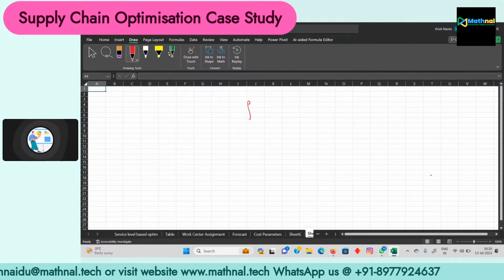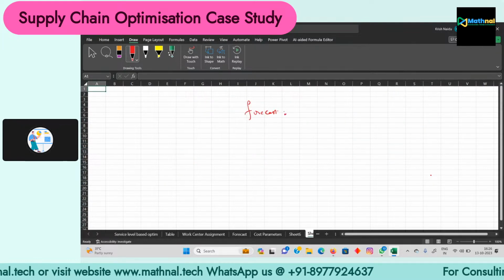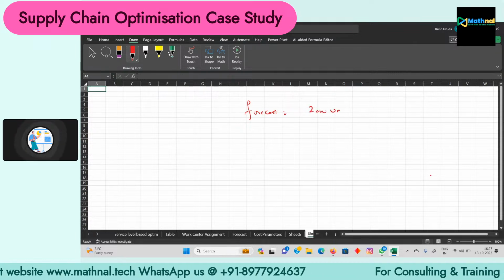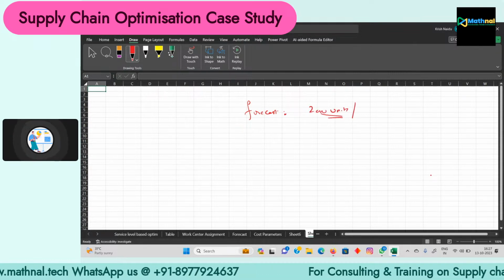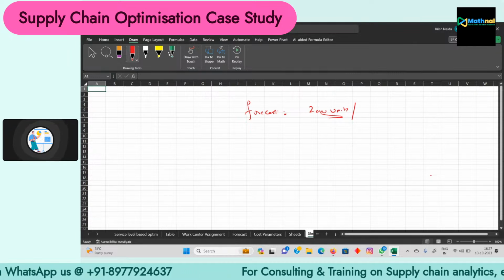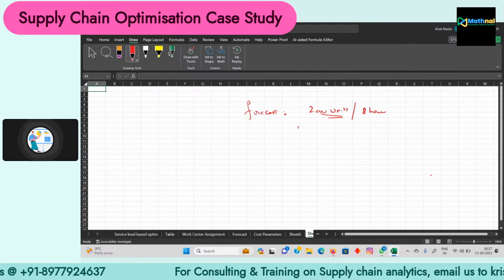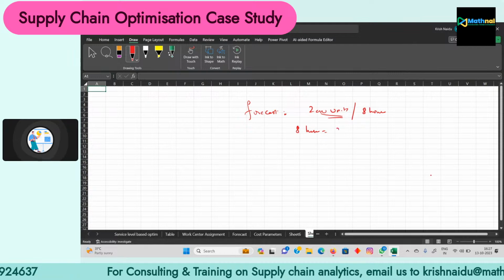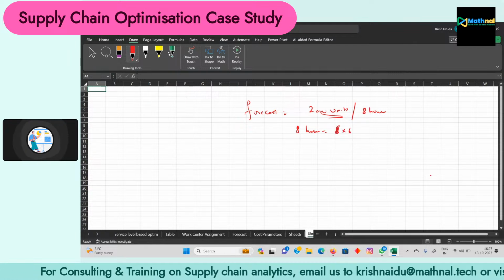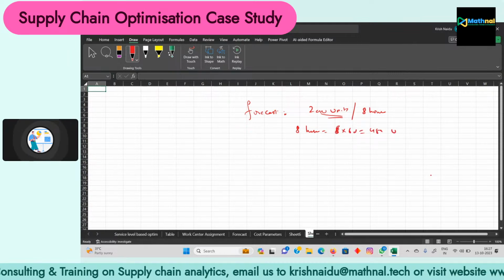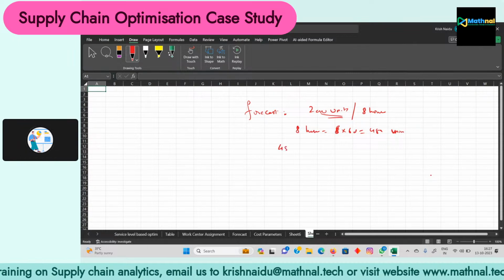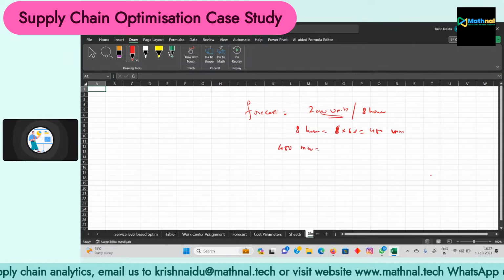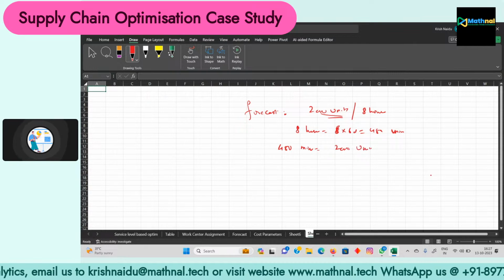For example, your forecast is 2000 units, which we had in a shift. Suppose we have a shift of 8 hours, right? So 8 hours is equal to 8 into 60, 480 minutes. So in 480 minutes, you need to produce 2000 units. That's the forecast.